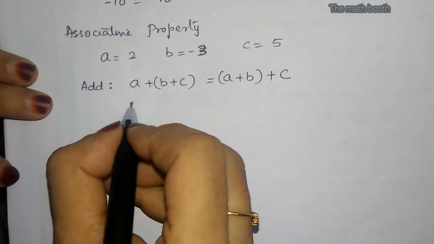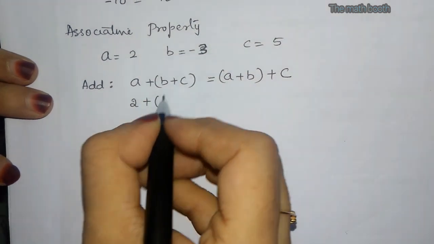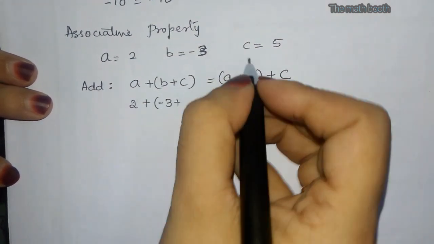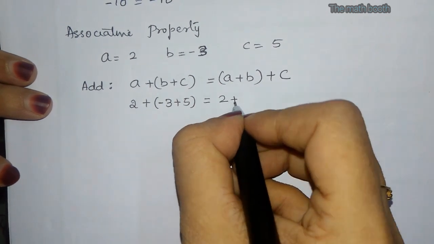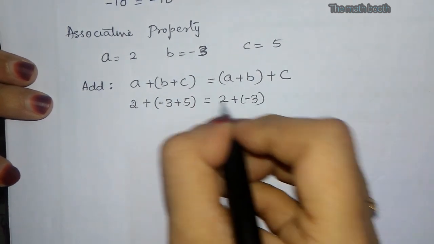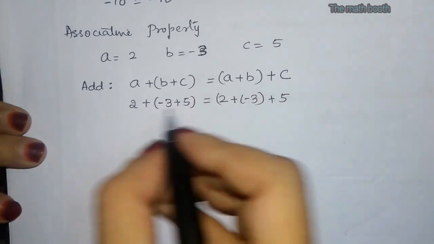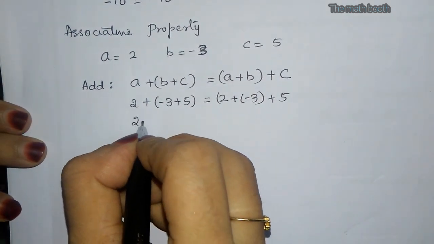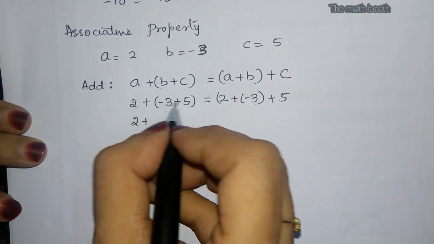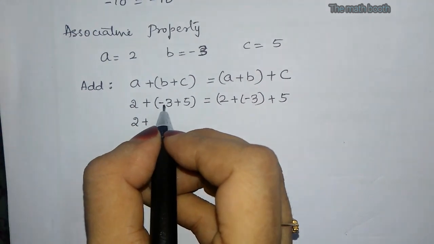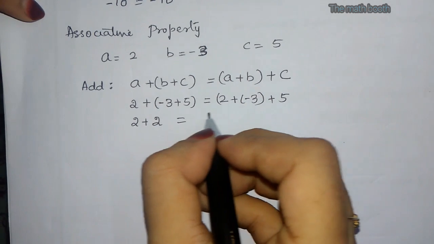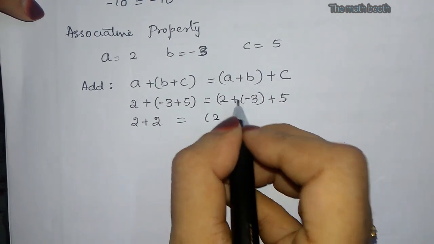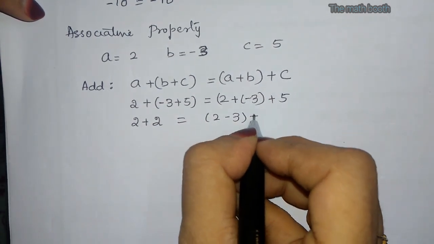So A is 2 plus B is minus 3 plus C is 5, equal to A 2 plus B minus 3 plus C 5.